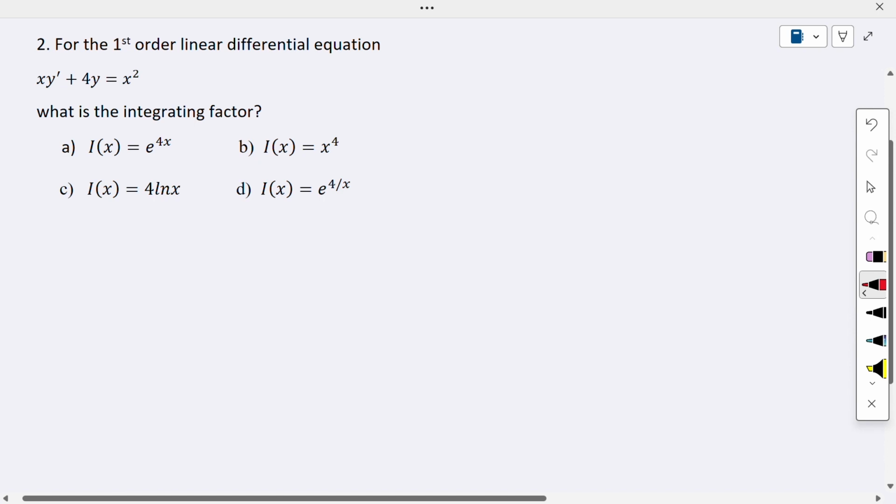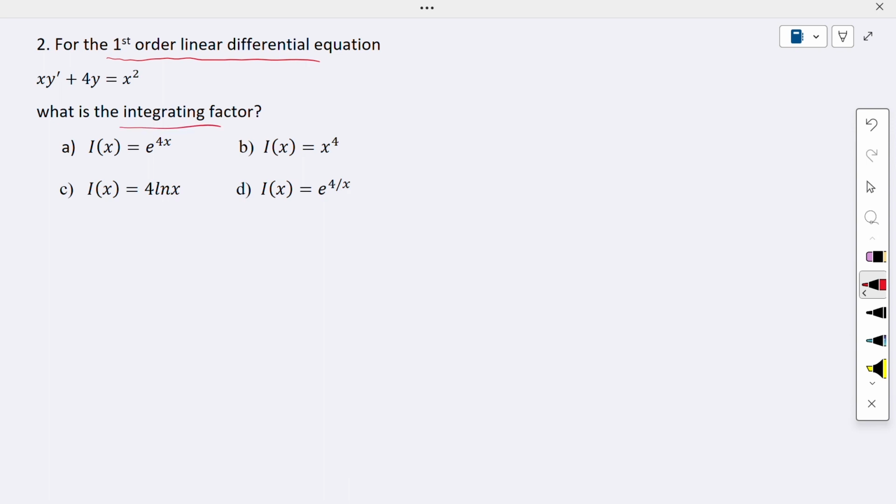Now let us see question number 2. For the first order linear differential equation, what is the integrating factor? To find the integrating factor, we need to rewrite the equation so that the coefficient of y prime is equal to 1. We have x y prime plus 4y is equal to x squared.